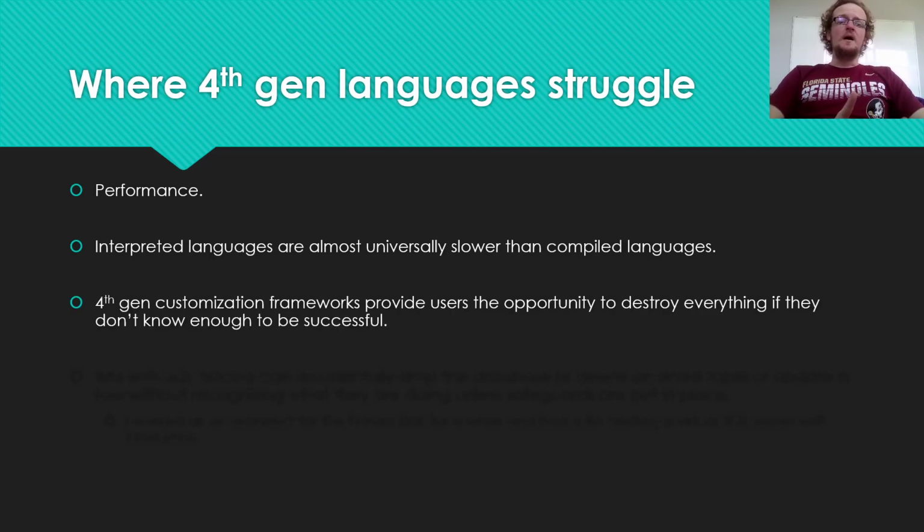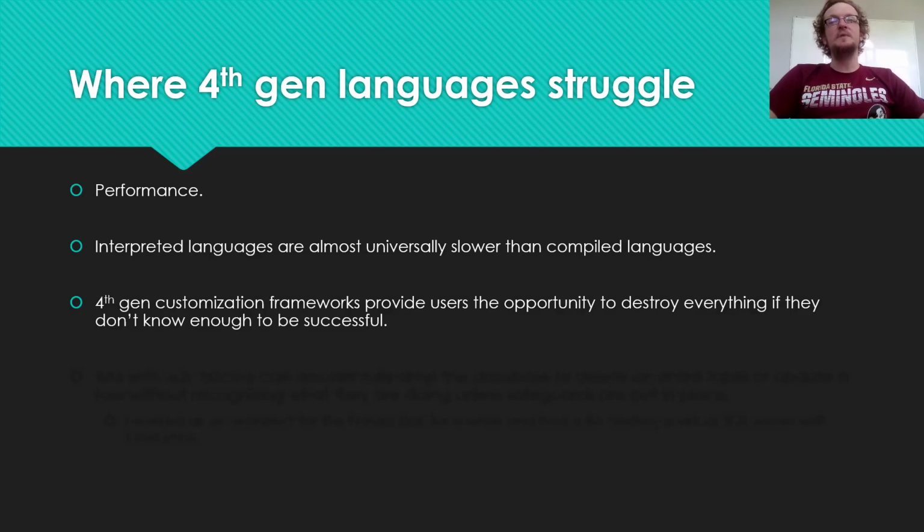The next point is that it's very good to have customization frameworks built in fourth generation languages because it allows users to do really crazy things. But on the flip side of that, it allows users to do really, really crazy things. Potentially a user could do some horrific thing like drop a whole database table in a Python script and not actually realize what they're doing.